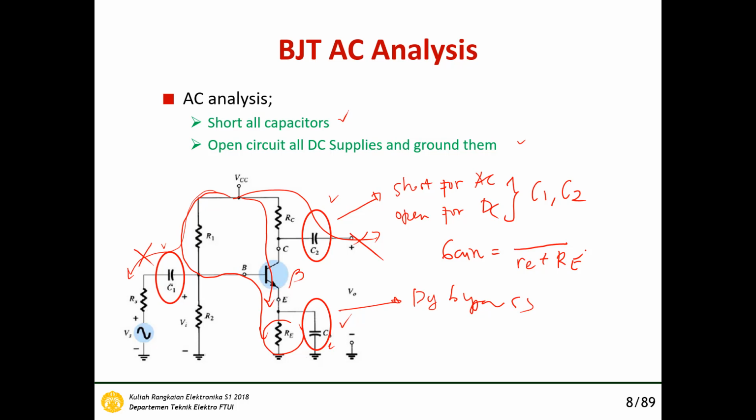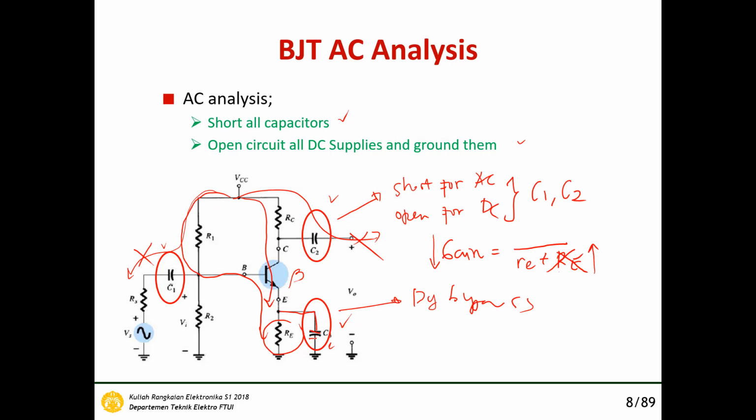So if we increase the value of this one, the AC gain will be decreased. So we have to remove this one. But the emitter resistor is very useful in DC. So we put the bypass capacitor in parallel connection.